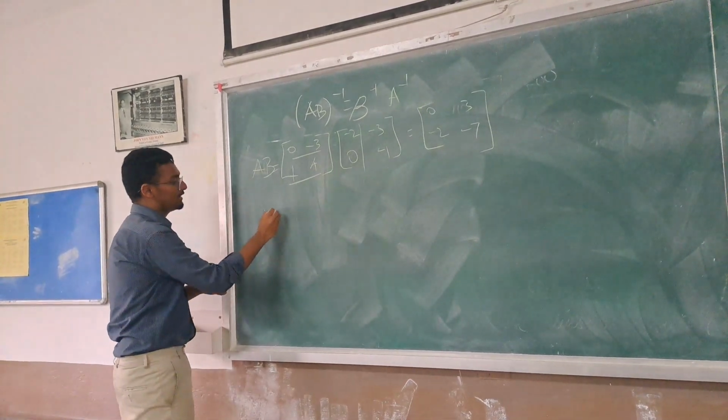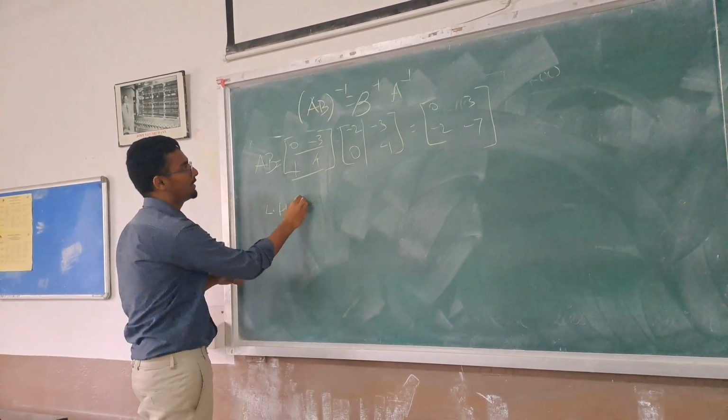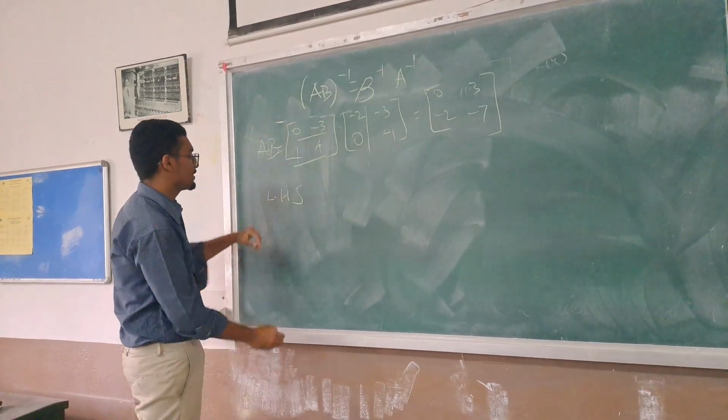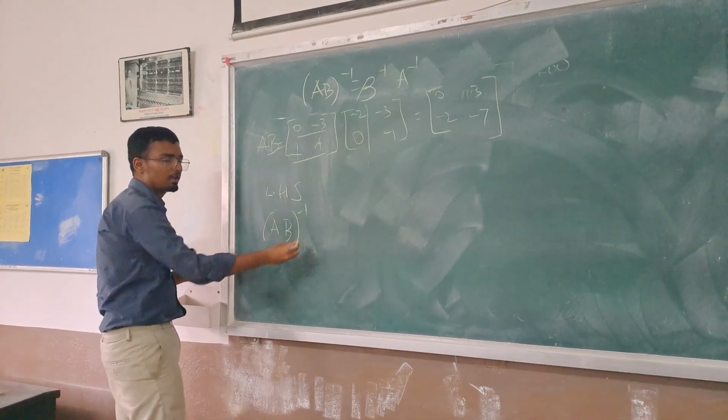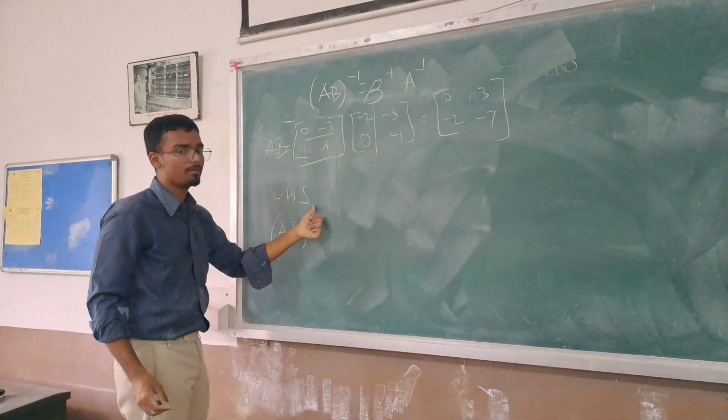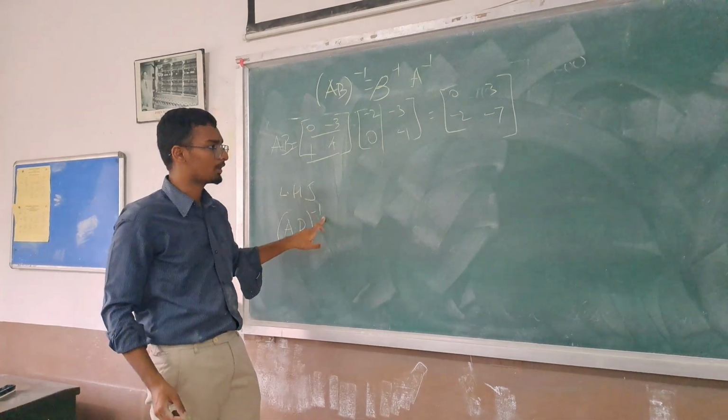So, I am taking the left hand side from the above equation as (A into B) the whole inverse, with the power minus 1.